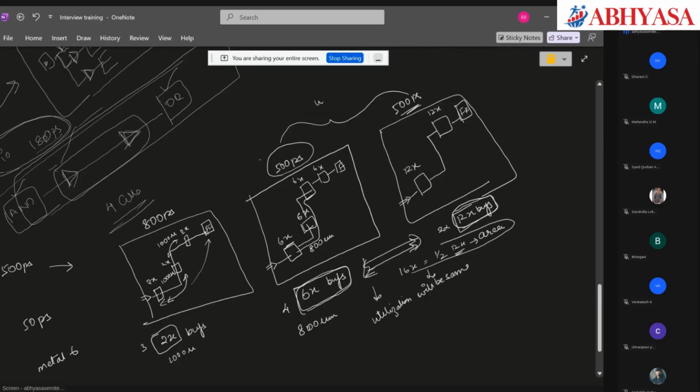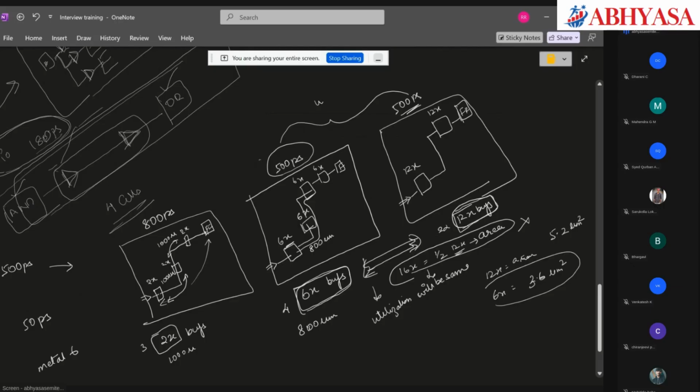If this is not the case, if area is not exactly equal, let us say 12x area is 5.2 micron square, whereas 6x buffer is 3.6 micron square.